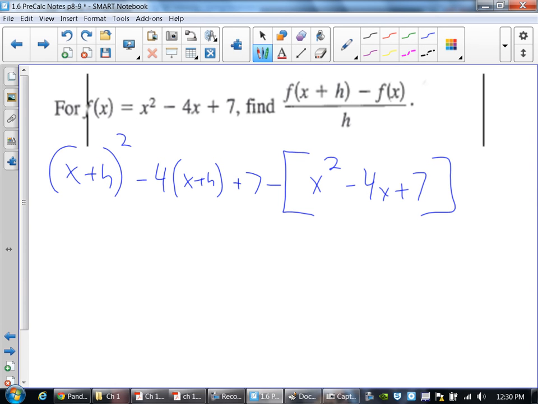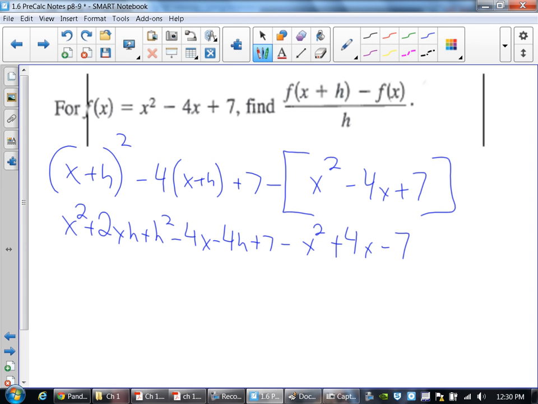It's junk times junk. Hopefully by now you can FOIL that out without having to write it out: first term squared, last term squared, put the two together and double it. So x squared, and then subtract x squared, add 4x, subtract 7.